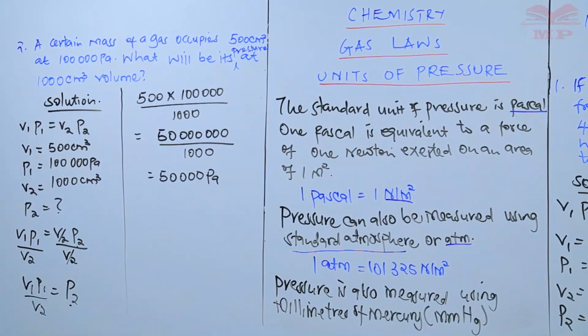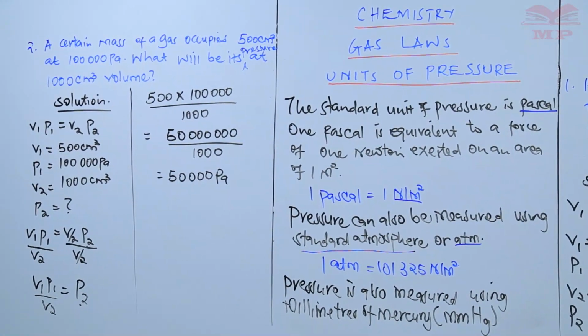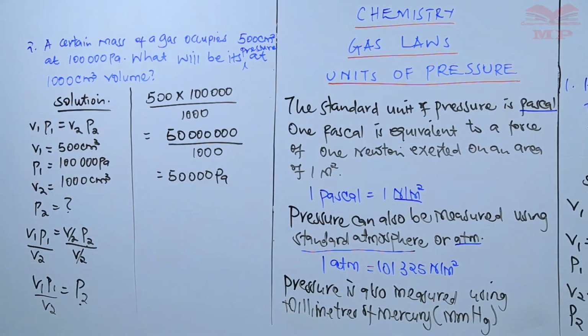The second example was: a certain mass of a gas occupies 500 centimeters cubed at 100,000 pascals. What will be its pressure at 1,000 centimeters cubed volume? Therefore, again, expression V1 P1 is equal to V2 P2, where V1 is 500 centimeters cubed, P1 is 100,000 pascals, V2 is 1,000 centimeters cubed, then P2 we don't have, and that is what we are calculating.